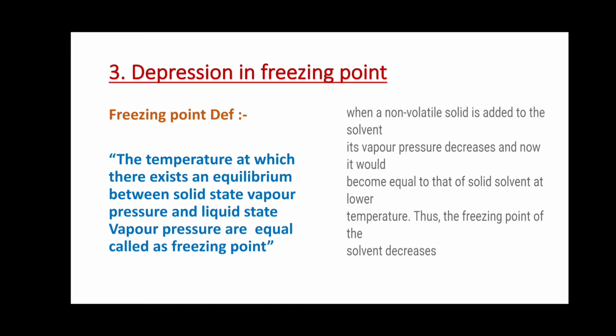When a non-volatile solute is added to the solvent, the vapor pressure automatically decreases. When the vapor pressure decreases, it lowers the freezing point, which means it lowers the temperature of the solution.